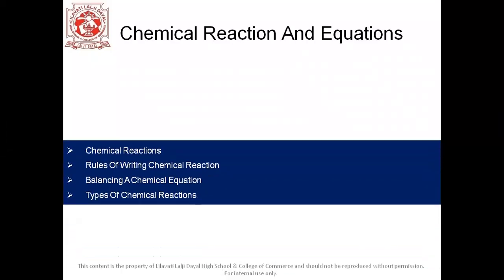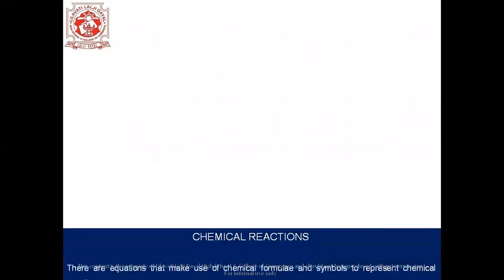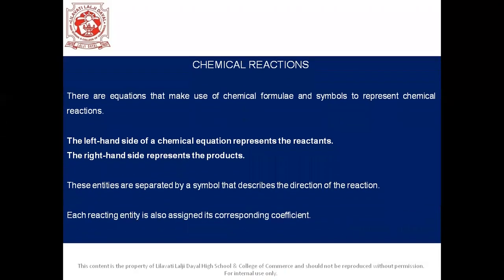So students, in this chapter, we shall study the following terms. We will study chemical reactions, rules for writing chemical reactions, balancing a chemical equation, and types of chemical reactions. So let's begin with the first topic, that is chemical reaction. In the earlier class, we've already seen how compounds are formed by chemical combination of elements.